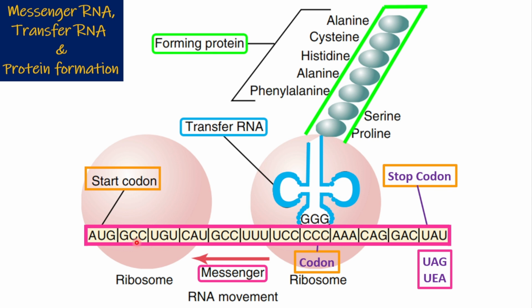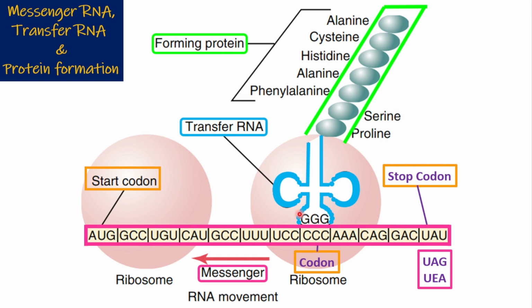This codon AUG will define a specific amino acid for the protein formation, and this GCC will define another amino acid. So all these codons will define respectively a single amino acid, which will be attached in the form of a chain, and then a protein chain is formed.